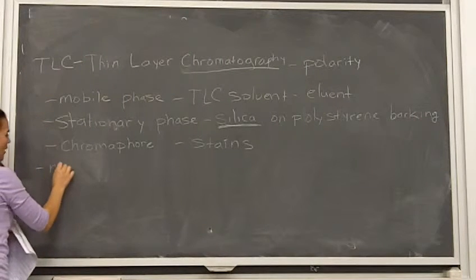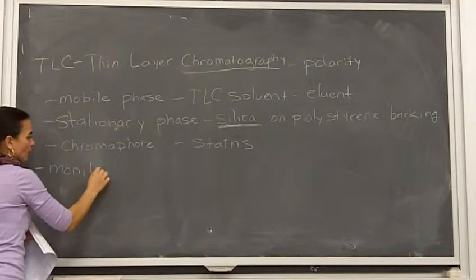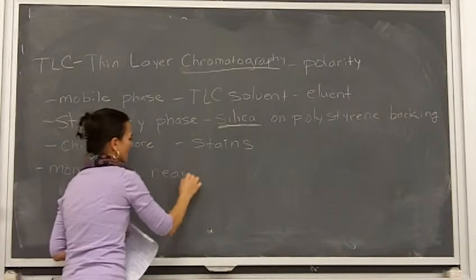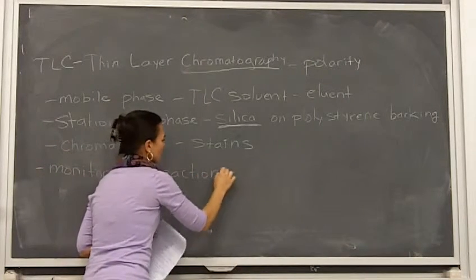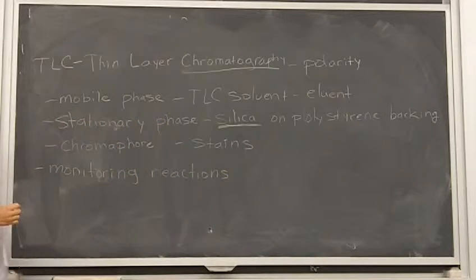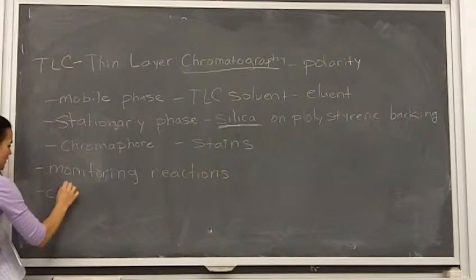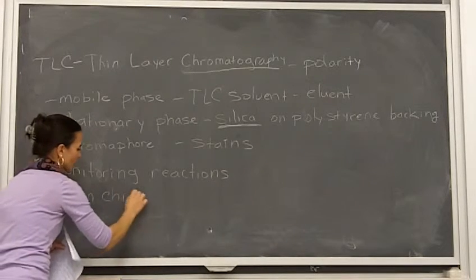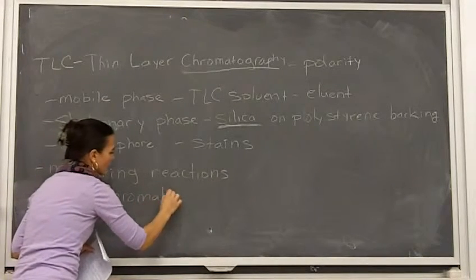TLC is used for monitoring reactions, which is what we're going to use it for this week. You'll use it similarly next semester, but you can also use it for something you're going to learn next semester, which is column chromatography, which is another separation technique.